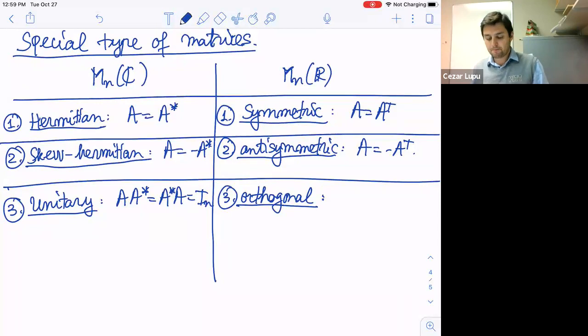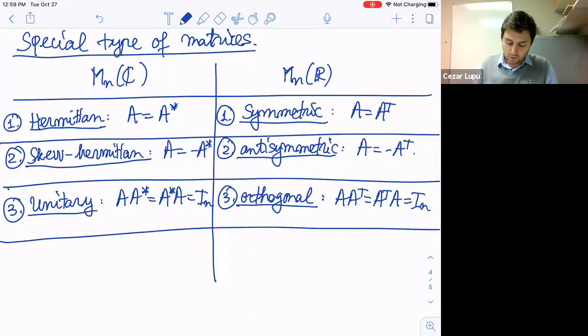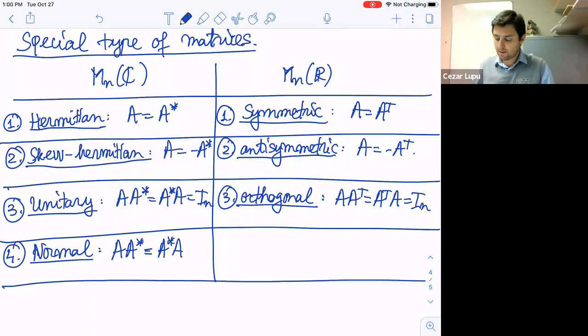And this would be A transpose times A is the same as A times A transpose, and it is the identity. Well, let me put another one then. Normal matrices, which is a bit different than this, which says that A A star is the same as A star A, but without being equal to the identity.